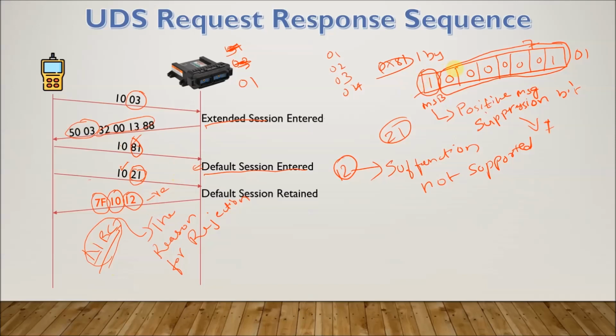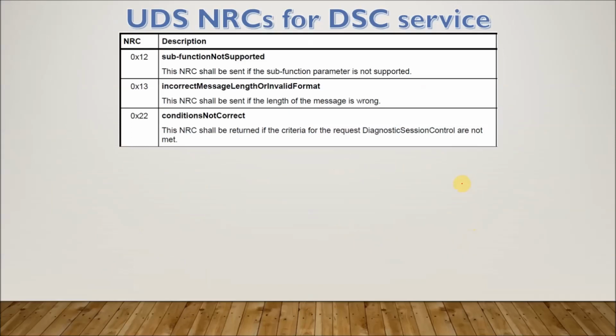But before that, with this slide, what did we understand? We understood the meaning of P2 server max, P2 star server max, and the positive response message suppression bit. Then we understood about the NRC part. What are the different NRCs supported for this diagnostic session control part?